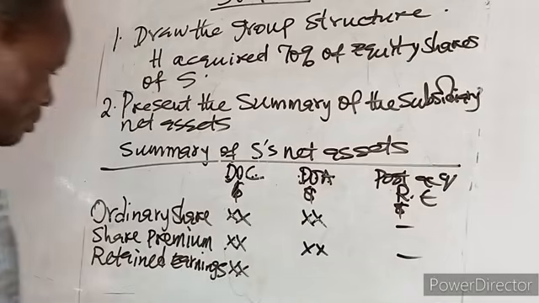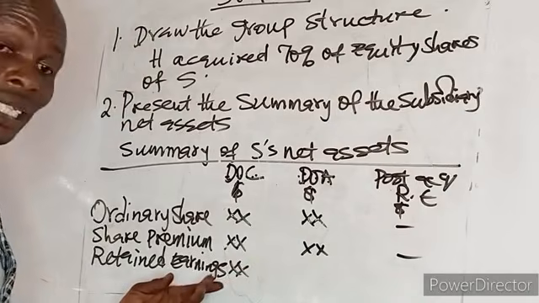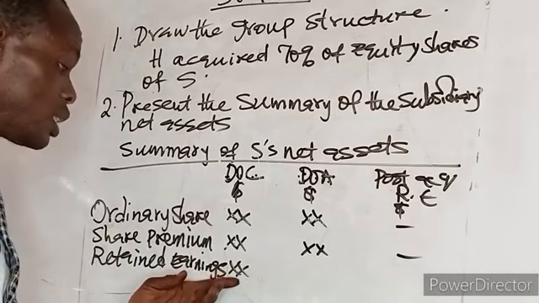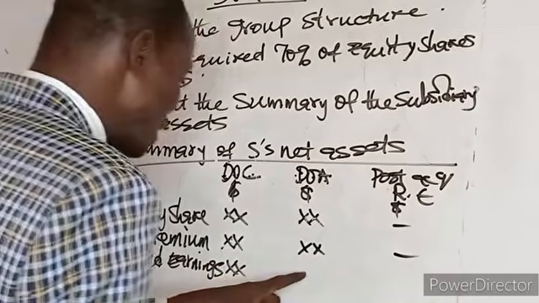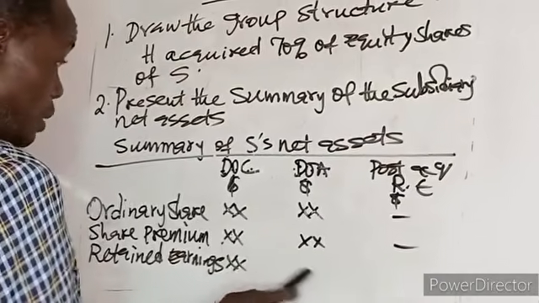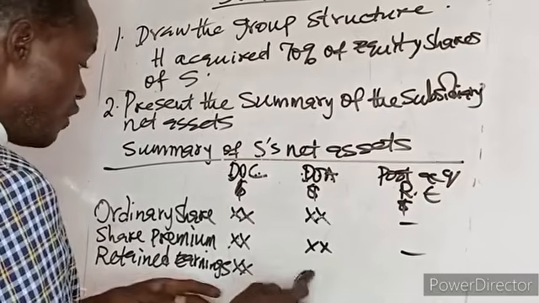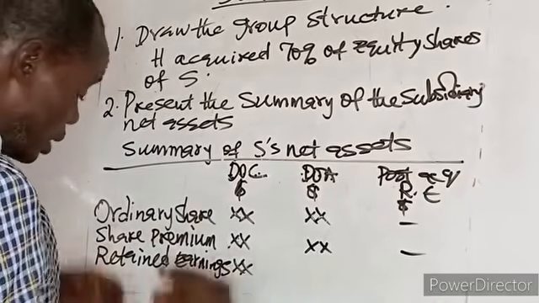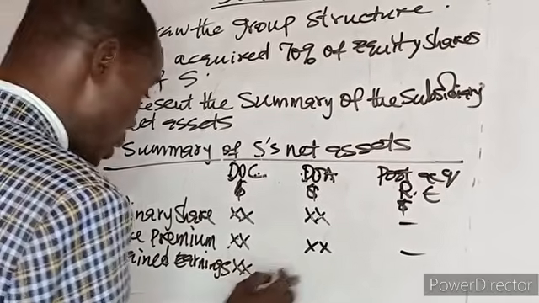Then retained earnings. In some cases, you may be told that subsidiaries were acquired at the date of incorporation. If subsidiaries were acquired at the date of incorporation, that means there will be no pre-acquisition profits. But if it was acquired sometime ago, you may be given the profit relating to the pre-acquisition period.